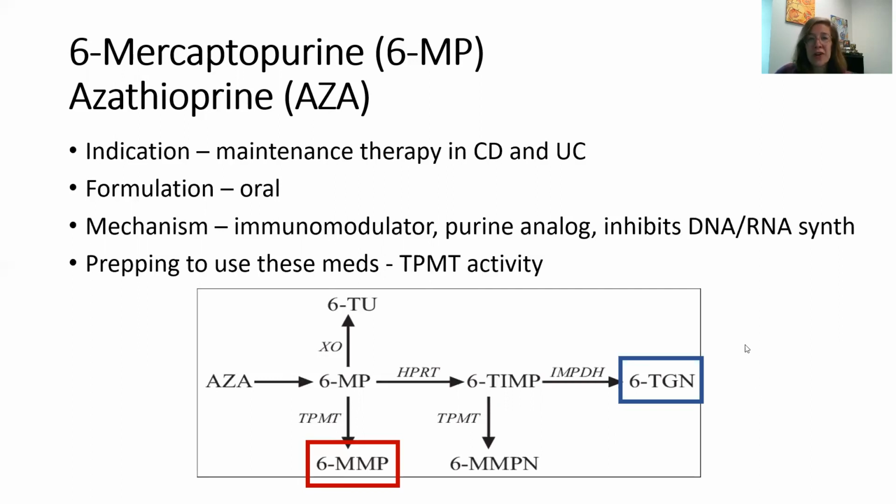So before you start 6-MP or azathioprine, it's important to get a lab called the TPMT activity. And you can see that enzyme here, thiopurine methyltransferase, as part of the breakdown and metabolism of the drug. You need to know how active that enzyme is in your patient to decide how to dose the medication.